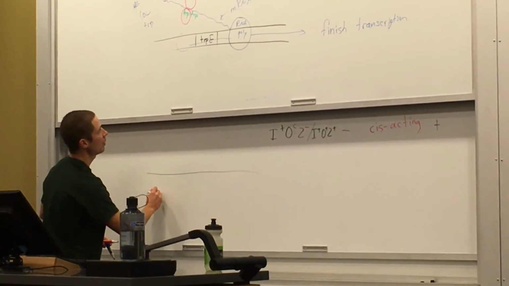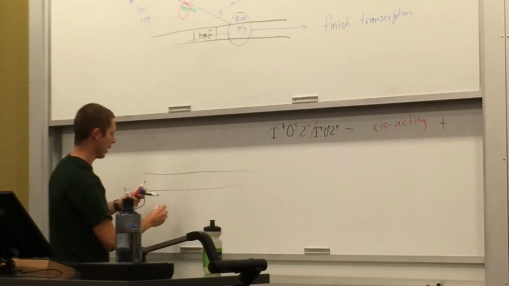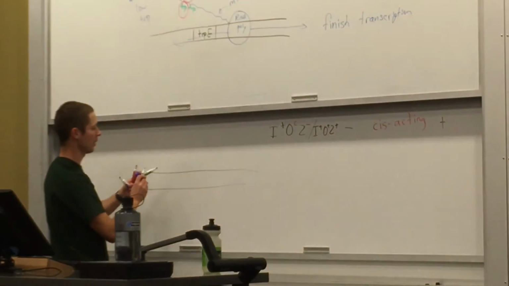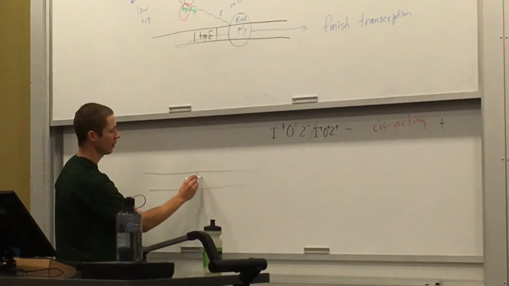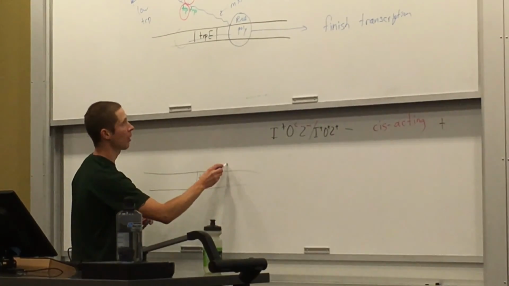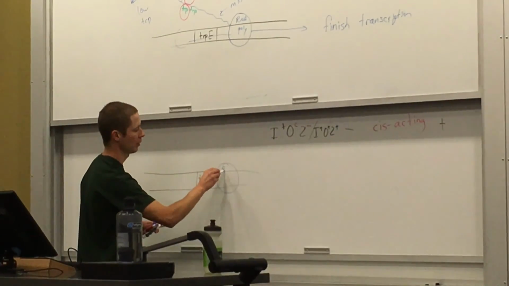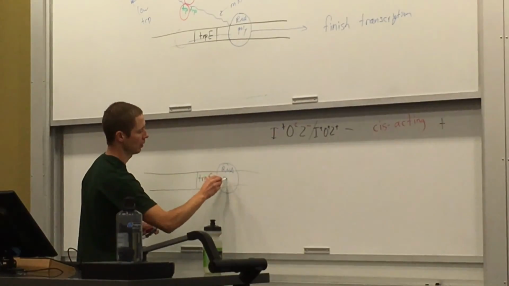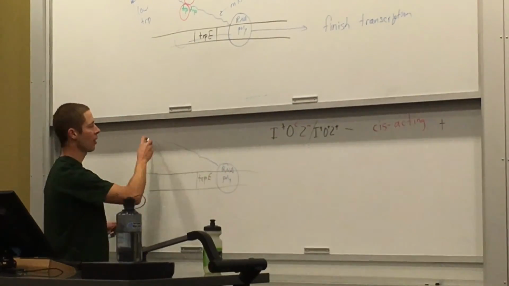Now let's imagine we have a situation where we have lots of tryptophan. Okay, so here is our trpE gene. Here is our RNA polymerase. There's our messenger RNA.